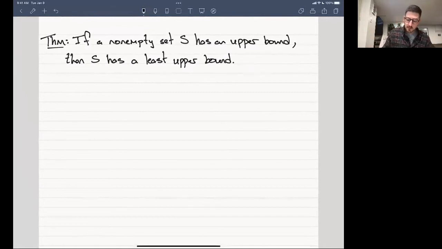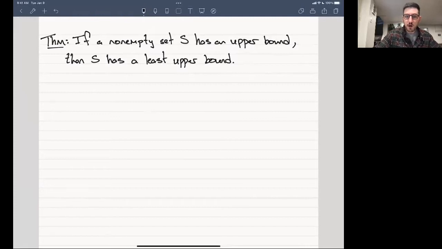But what this theorem says is that if you can find any upper bound, no matter how terrible it is, you can also find a least upper bound. So say the oldest person in the room is 81, then 81 is your least upper bound. Even though 100 would do the trick or 99 would do the trick, 81 is the smallest upper bound that you're going to be able to find there.